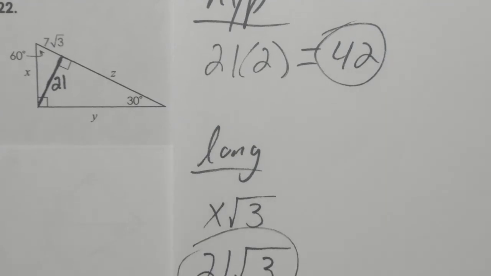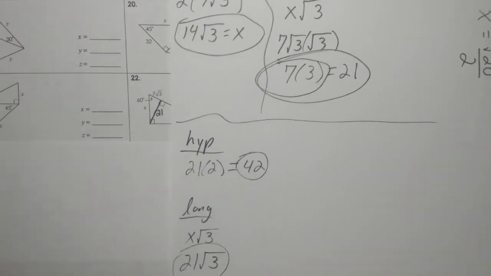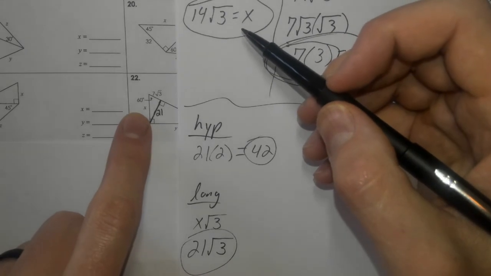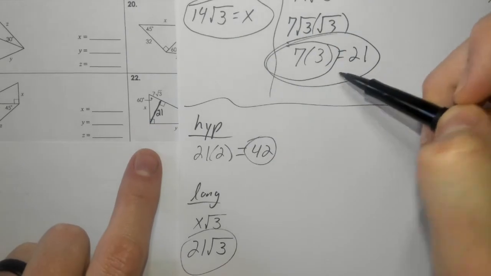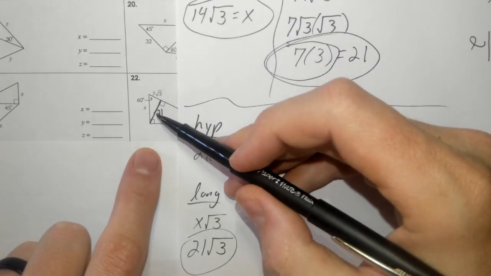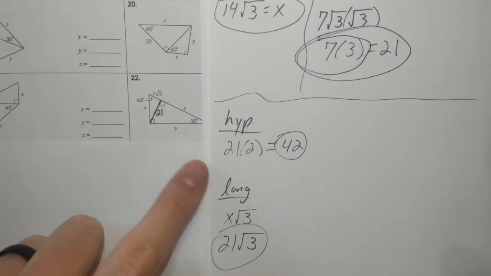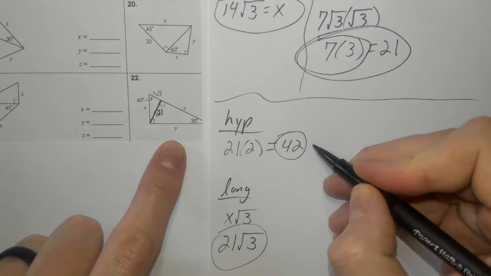Okay, so in recap, I found x. That was the hypotenuse of the little triangle. We had to find the long leg, 21, because that's one that was shared by each triangle. Then I doubled it, used that, and I got that the hypotenuse of the big triangle was 42.